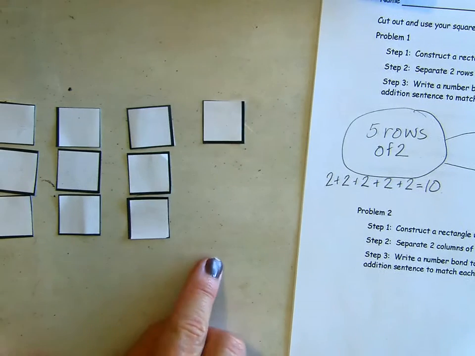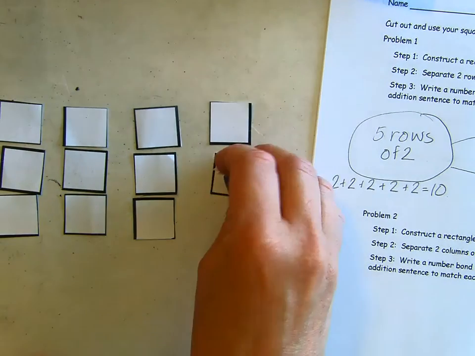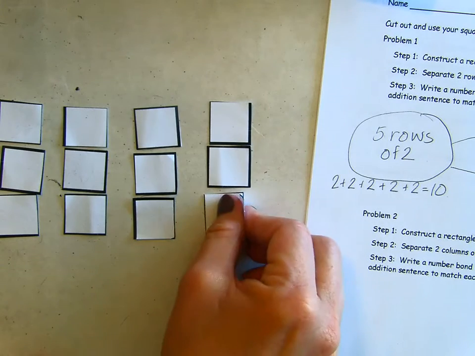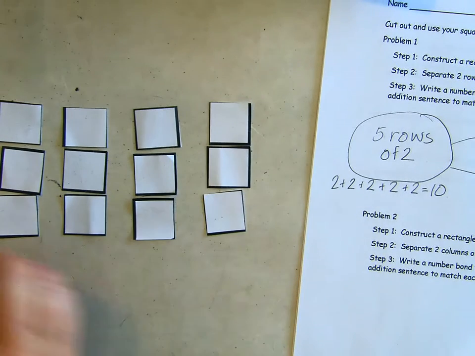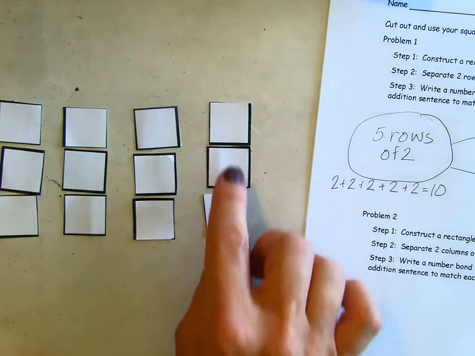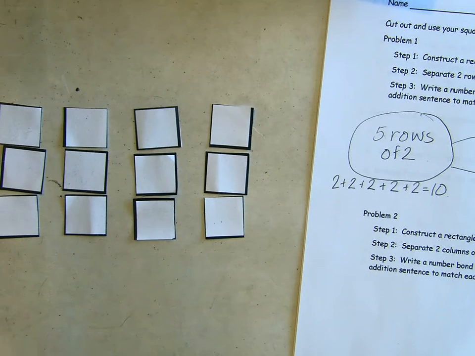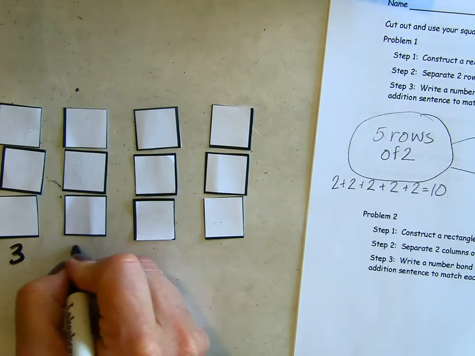Oh, so I need more of my tiles. So this number is more than 10. 10 is what we had last time. Now we have 4 columns and we have 3 in each column.